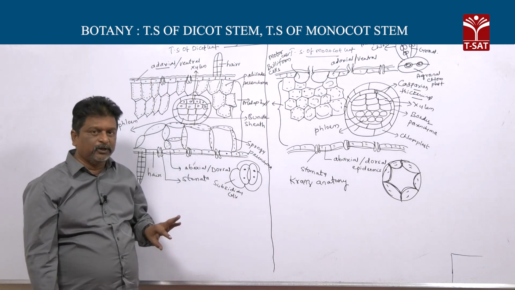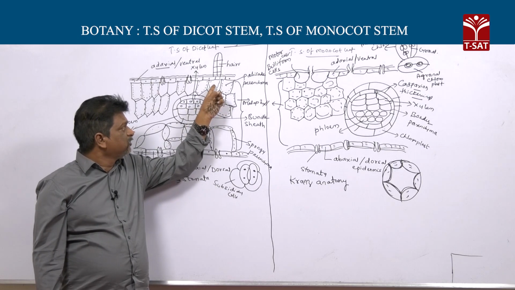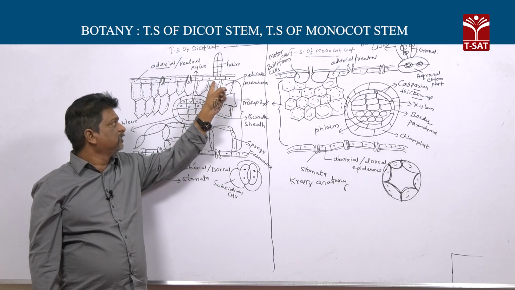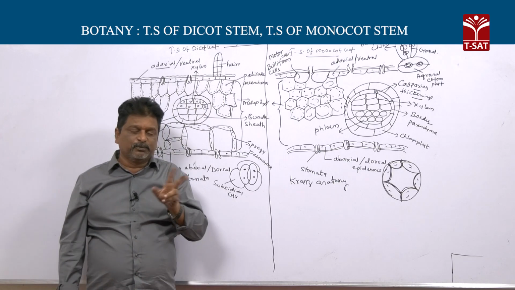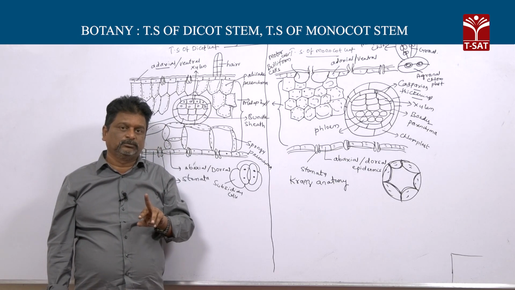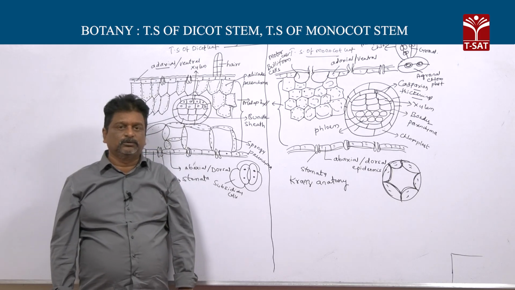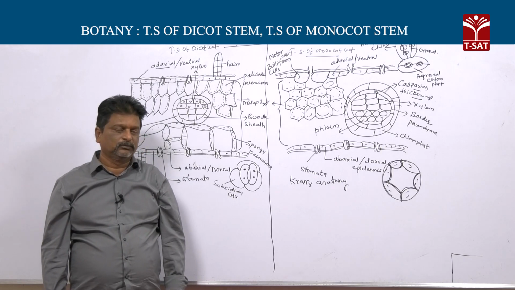One more important point, only in Nerium, palisade is present on both sides. Generally palisade is towards the upper side, but in Nerium, palisade is present on both sides. So that is why Nerium is called pseudo dorsiventral leaf.